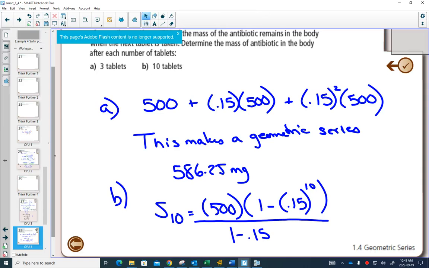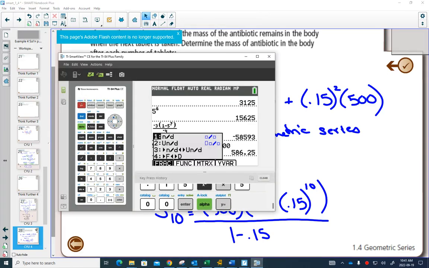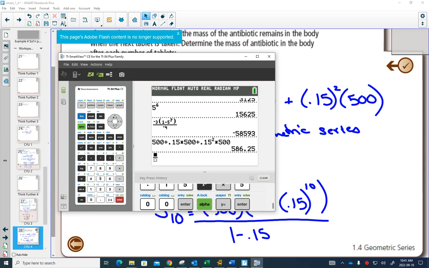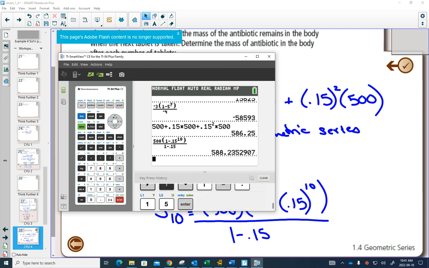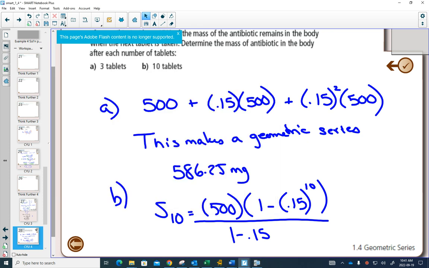So I go to my calculator, type this in exactly like I see it: 500 times 1 minus 0.15 to the exponent of 10, divided by 1 minus 0.15. 588.24.